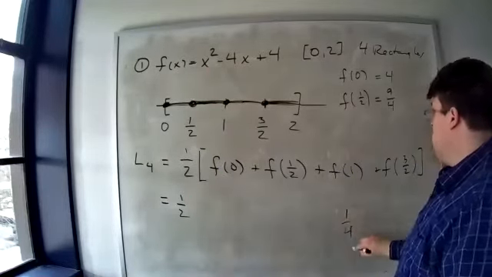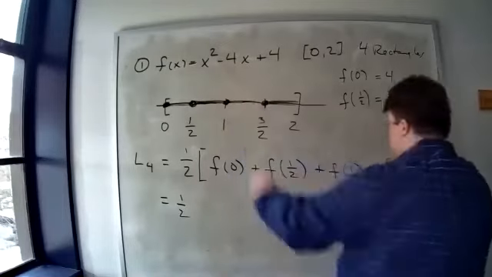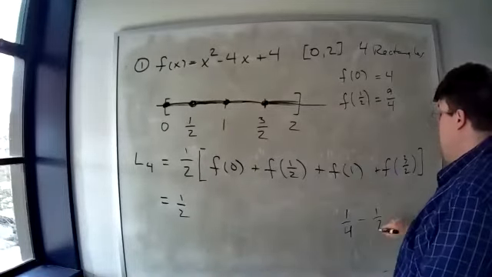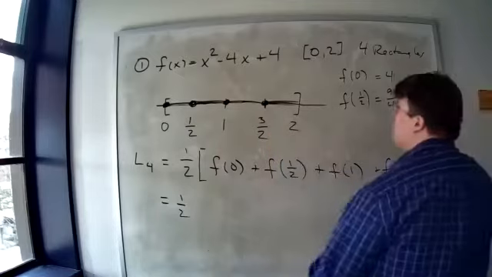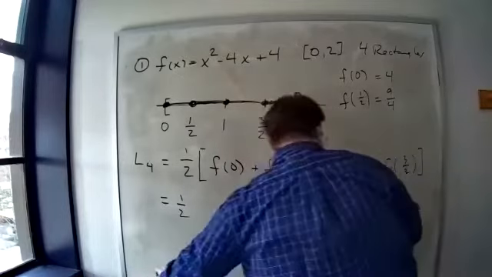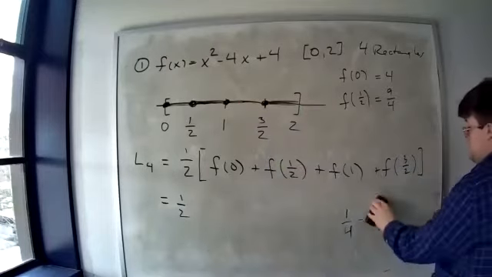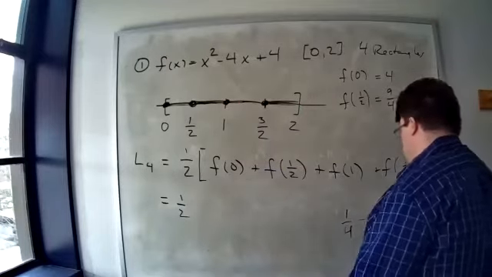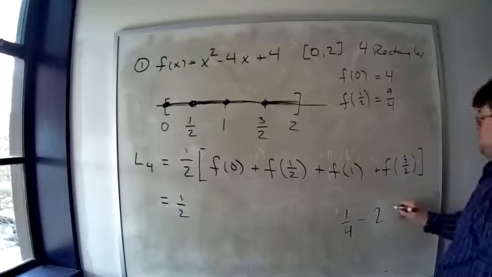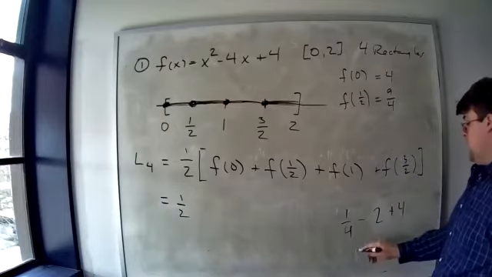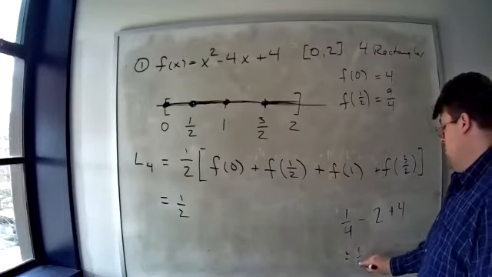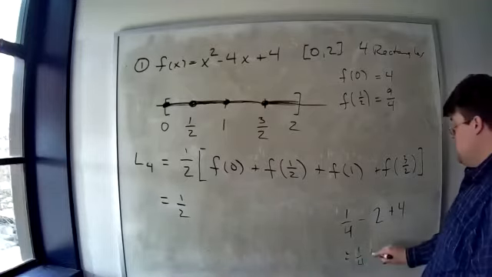1/2 squared is a quarter, minus 4 times a half, what am I doing? Minus 4 times a half, half of 4 is 2, plus 4. So here you get a quarter plus 2.